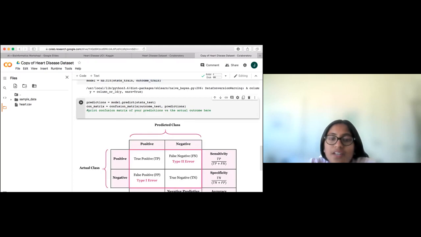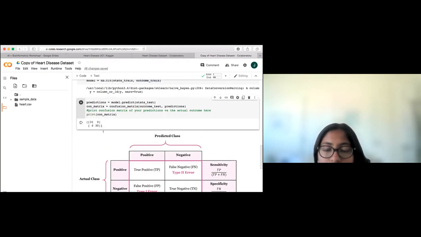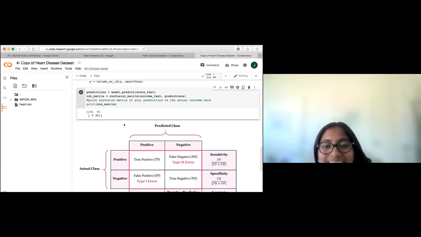I'm going to stop sharing so you can print it without me telling you. Okay, and then you should have something that looks like this. Is that what you have? Kind of similar?